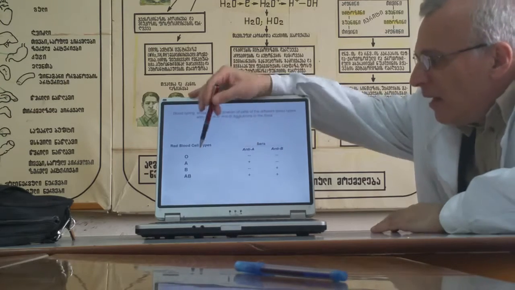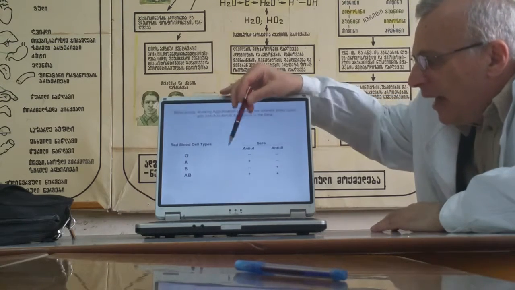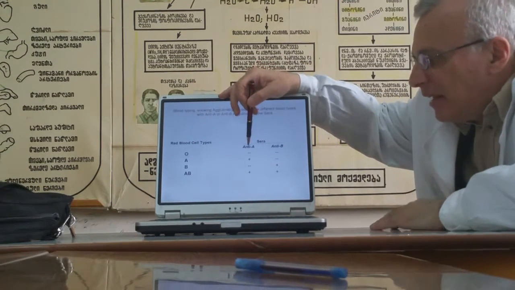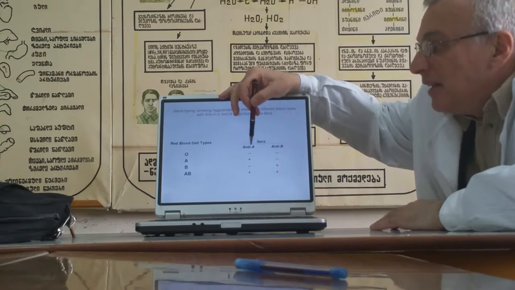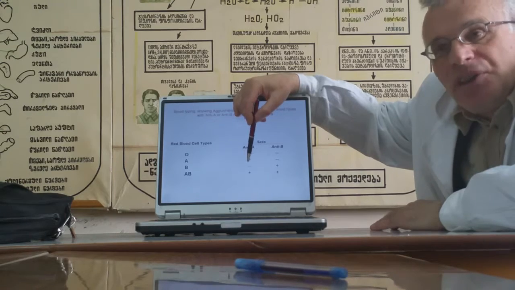But when we transfuse, for example, group A and in the sera there is anti-A, we have such reactions, agglutinations.